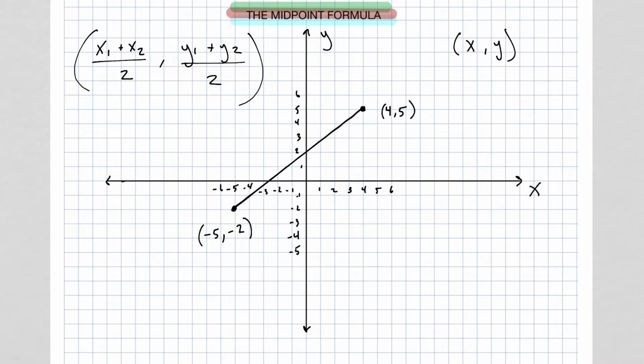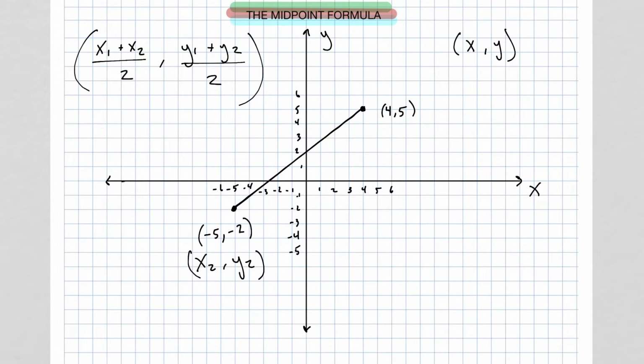But for this one, let's say this is point number 1. So this is going to be your x1 and this is your y1. And down here we have our x2 and y2. These are our points. Now you could switch these.